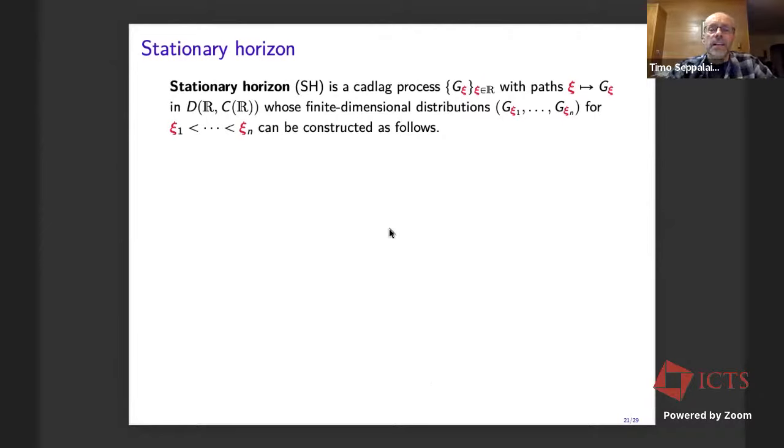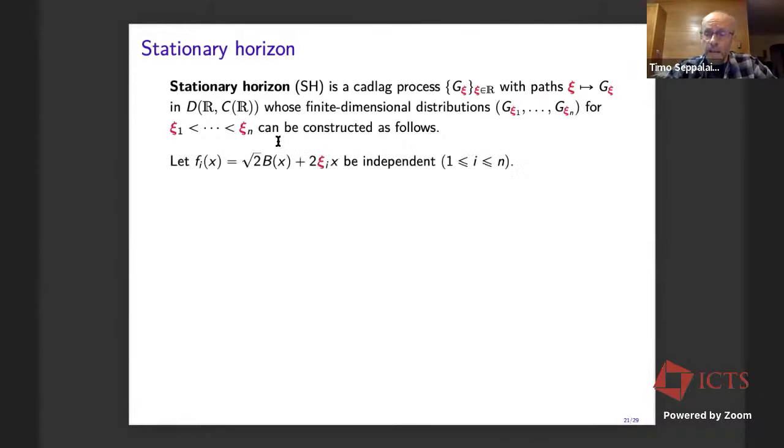This thing is a Cadlag process whose states are continuous functions. So the paths indexed by the xi variable are in the D space with state values in the space of continuous functions. These individual states are in fact Brownian motions with drift. And to describe it fully, I need to tell you how to construct the finite dimensional distribution.